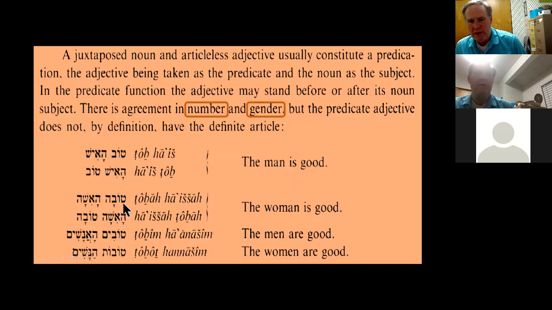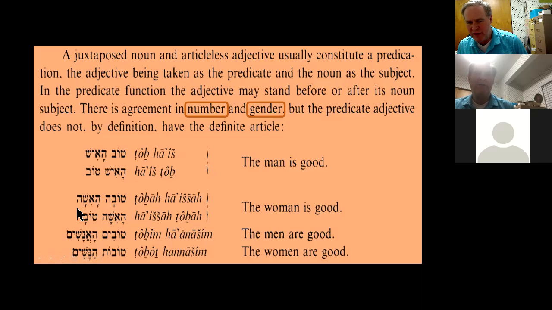What about women? Tova is good. Ha'isha. So this means the wife or the woman is good. And again, you can put that in the other direction. You can put ha'isha first and then tova after. But the ha, the definite article, the, is only on the noun, not on the adjective.